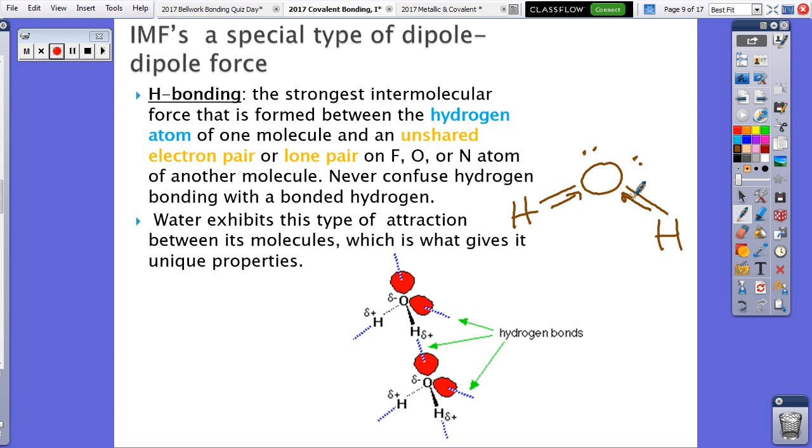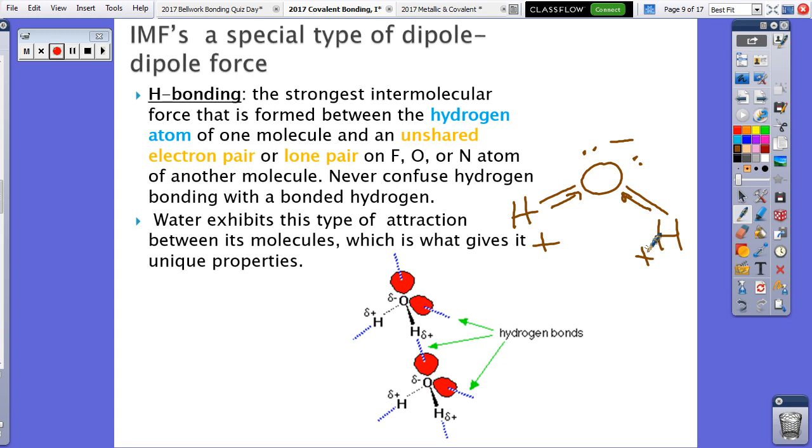Okay, that makes the oxygen side a little bit negative and the hydrogen side a little bit positive, but oxygen also has these lone pairs, and lone pairs are electrons. They're very negative.